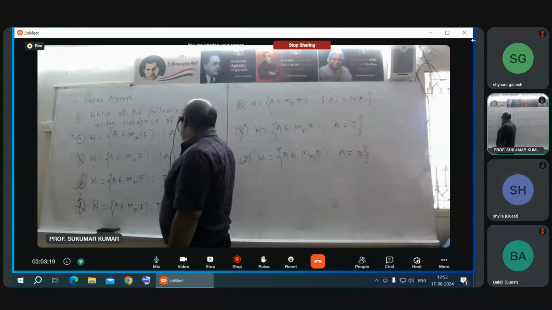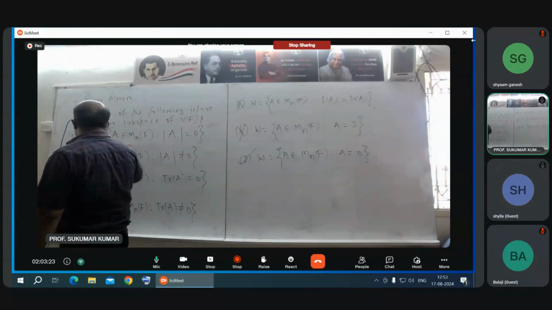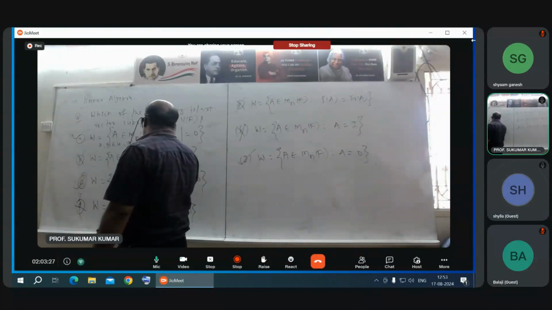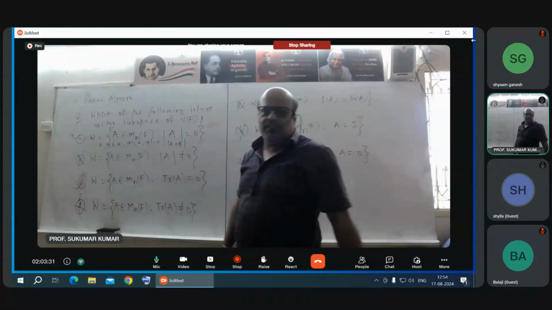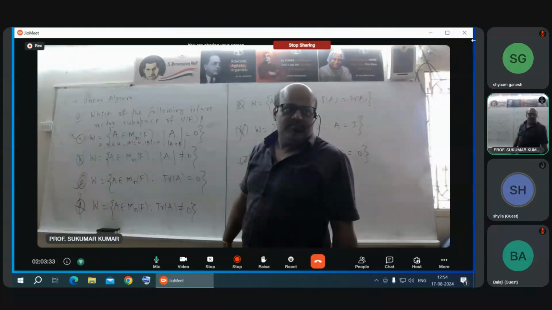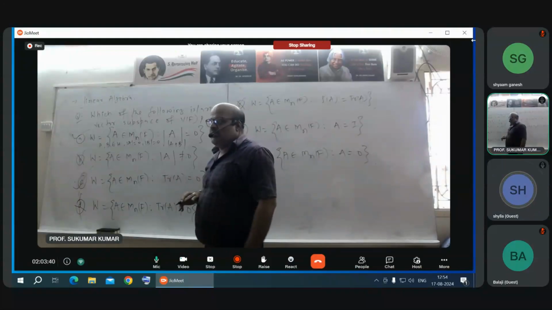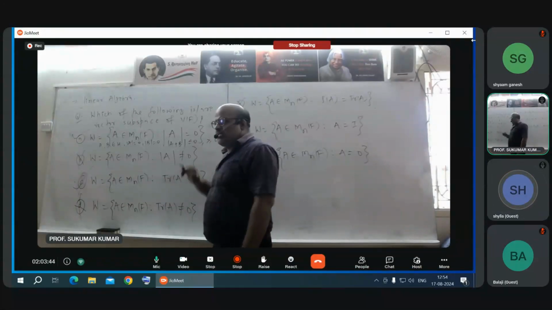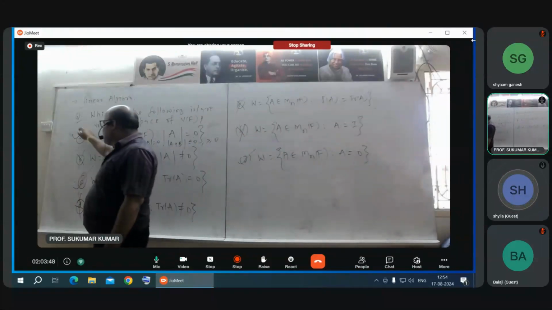If we choose A, B belonging to W, this means both determinants are 0. But for their addition, must the determinant be 0? No. Is the sum of two singular matrices singular? Who told you? The determinant can be less than 0 or greater than or equal to 0. So first is not a vector space.